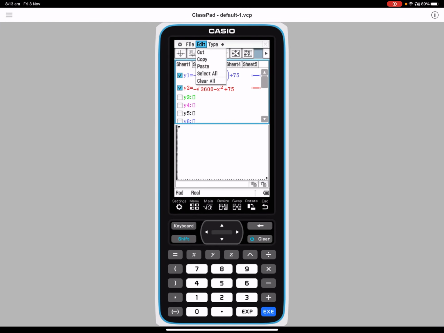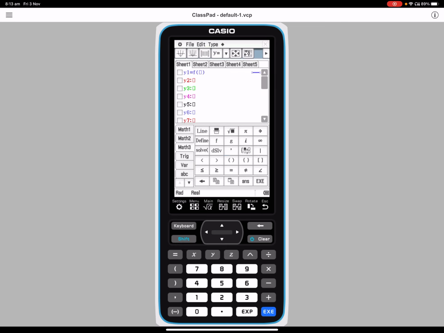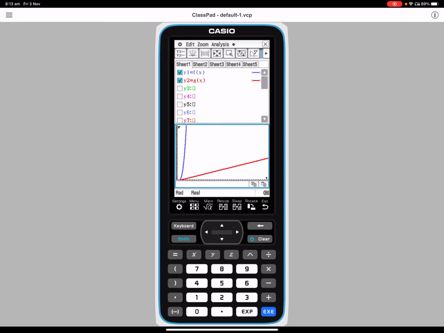So f of x, g of x. All right. So f of x minus g of x between those 2 points.